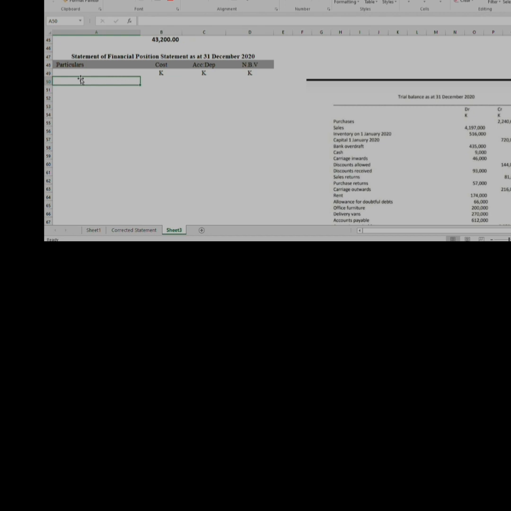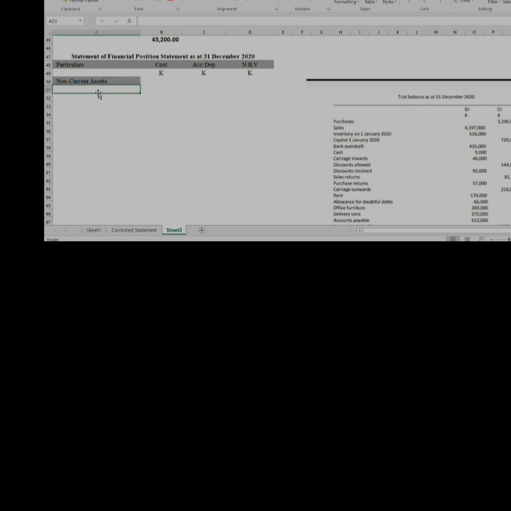So now in this case, according to the accounting equation, you have assets equals capital plus liabilities. So you can have non-current assets here as one type of asset, because we have two types of assets, current assets and non-current assets. So those two types, you can have the first type here.